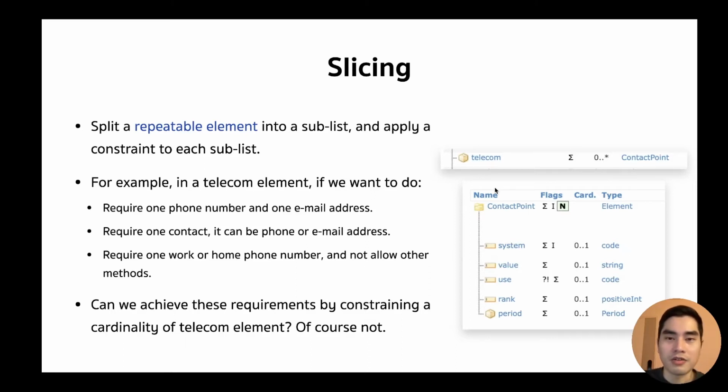But how do you fix the value differently for each element inside one element like this? So that is when slicing comes in, because you have to slice this telecom into two telecom elements and then apply different constraints to each element. So that is slicing.